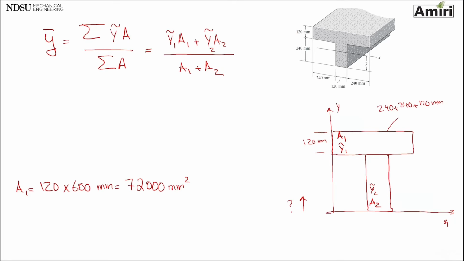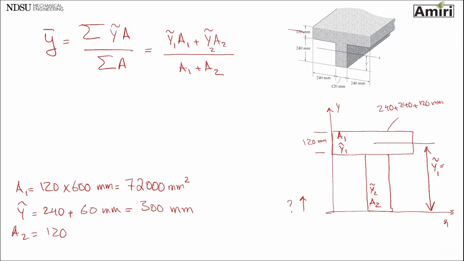That's area 1. Y tilde, the distance between centroid of this area and axis x, this is y tilde 1, which is 240 plus half of that, 120, 300 millimeters. You get the idea. Area 2, I'm going to go a little bit faster.